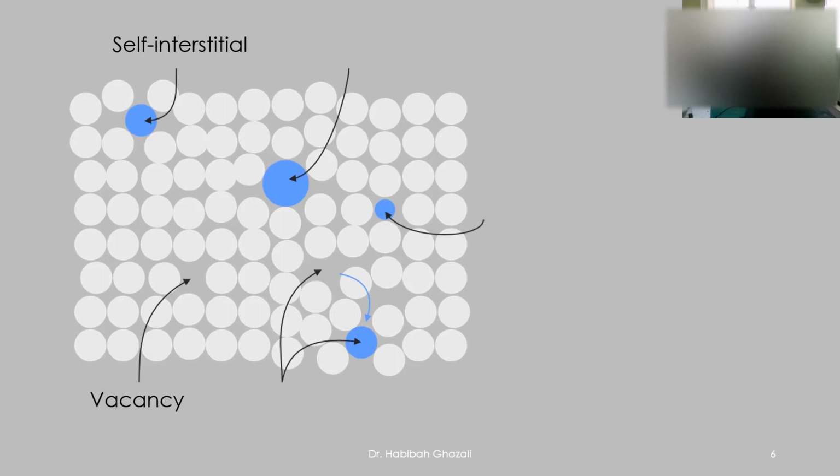It sits at that lattice point of what's supposed to be the host material, and that is what we call substitutional impurities. Or another example is if we have a smaller atom sitting in the interstitial of the host material, that is what we call interstitial impurity.